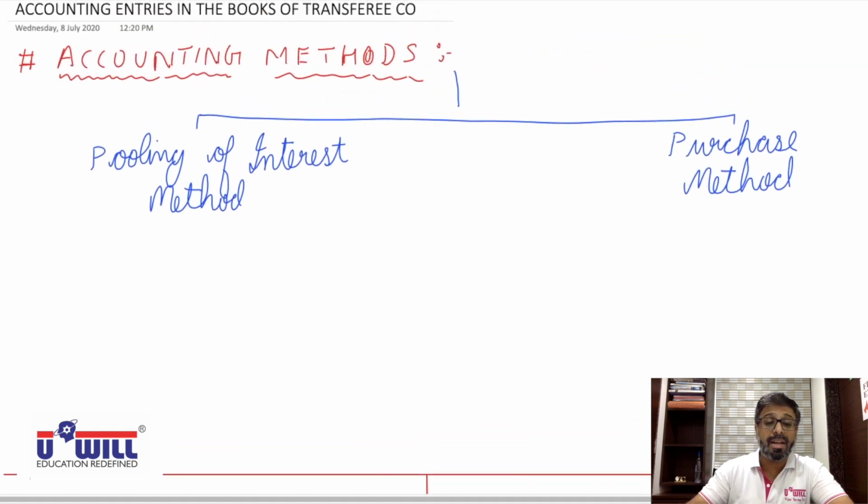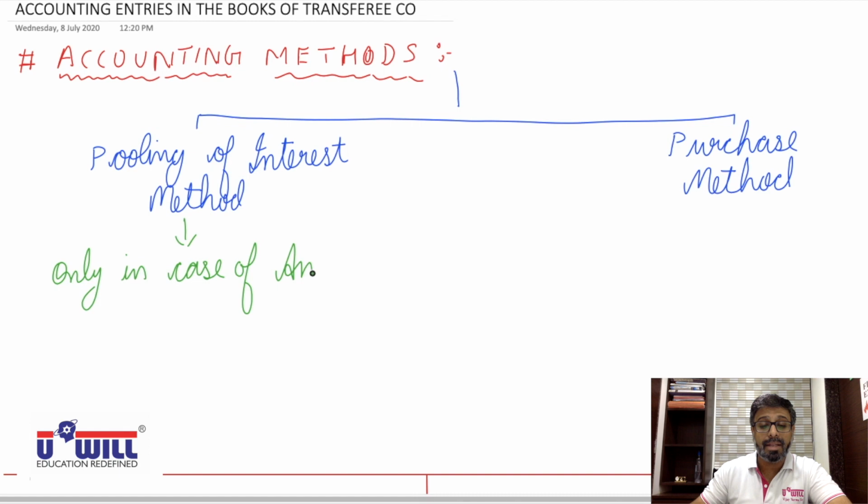Now pooling of interest method we have to follow only in case of amalgamation in the nature of merger.